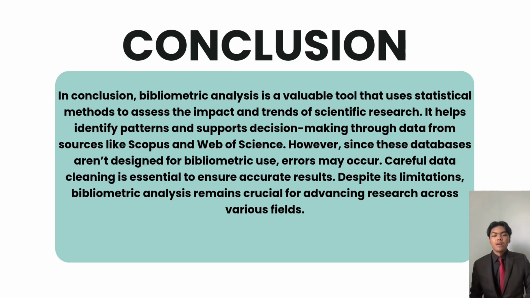In conclusion, bibliometric analysis is a valuable tool that uses quantitative methods to assess the impact of scientific research. It helps with identifying patterns and supports decision making through data from sources like Scopus and Web of Science. However, these databases may contain errors since they are not designed properly for bibliometric users.